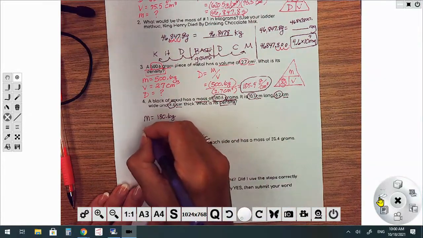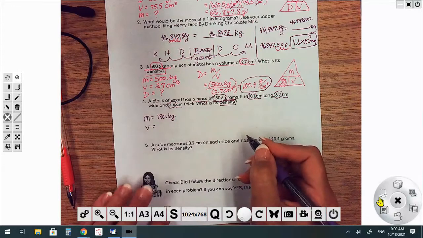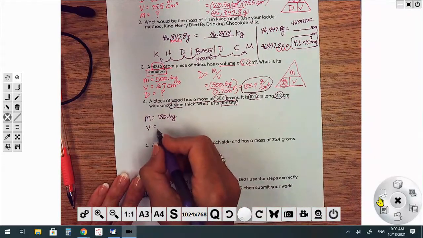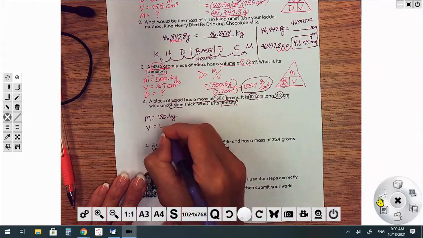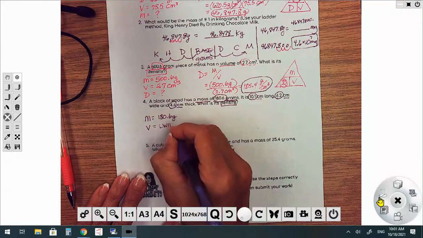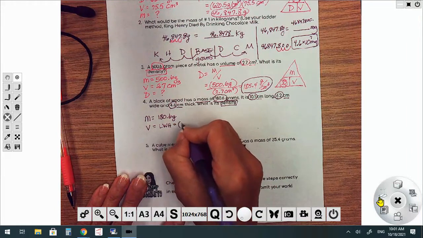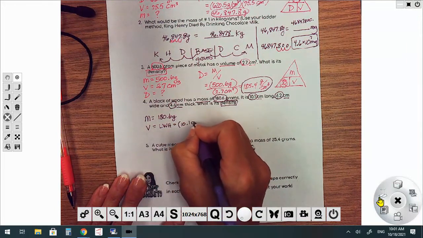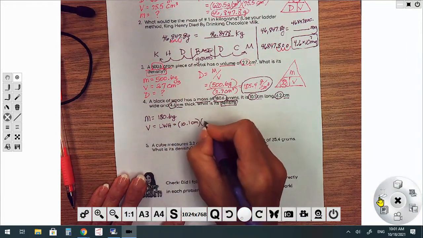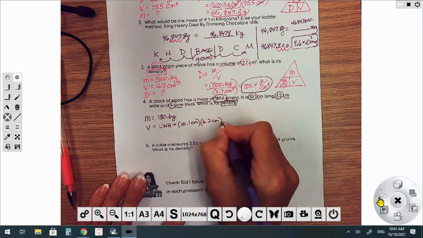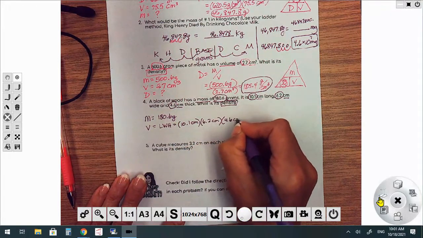Remembering what we did when we did the measurement lab, the volume of a regular shaped object is its length times its width times its height. So we have to multiply those 3 values together. So length is 10.1 centimeters times 6.2 centimeters times 4.6 centimeters.